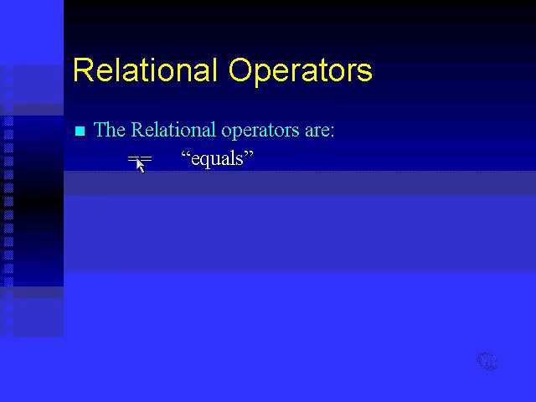Firstly, we have equals. Now you might think, oh well, that's pretty straightforward, but well, it is and it isn't. Notice that this symbol, the syntax, if you like, for comparing two variables for equality is the double equal sign. Compare that with the single equal sign, which is used for assignment, assigning one value to another variable.